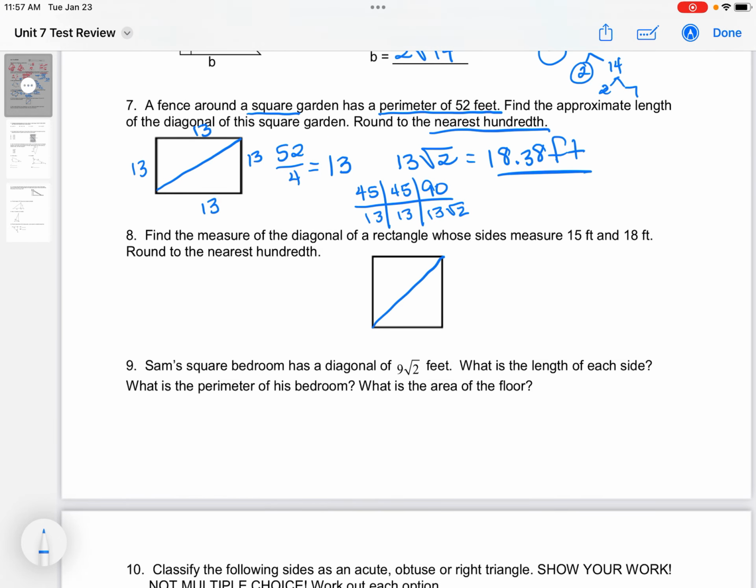Okay, now I have a diagonal of a rectangle. See, this one looks like a square. Okay, I have a 15 and an 18. So I'm going to do 15 squared plus 18 squared equals C squared. That is 549.